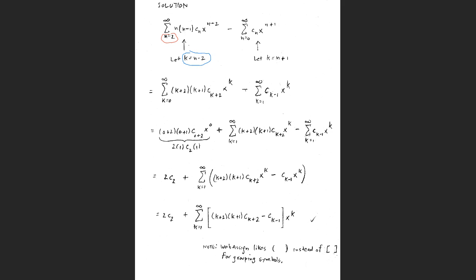Well, it would have to be k equals 0, because 2 minus 2 is 0. And then the top value of infinity, well, infinity minus 2 is just infinity.